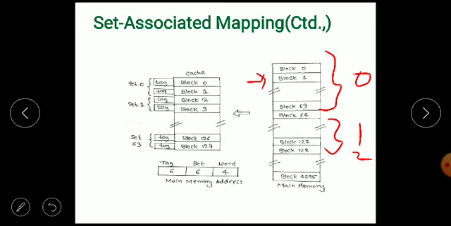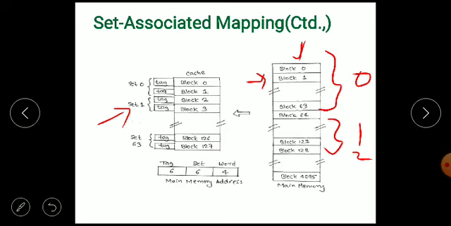So if we want to move the second block from each page of the main memory, it should be mapped into set 1, that is the second set of the cache memory.